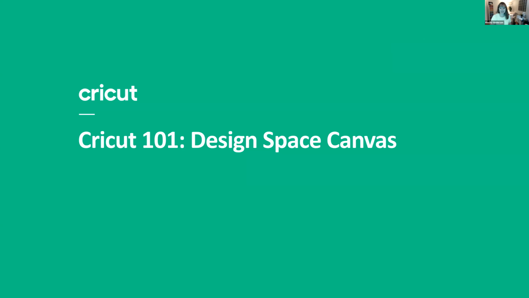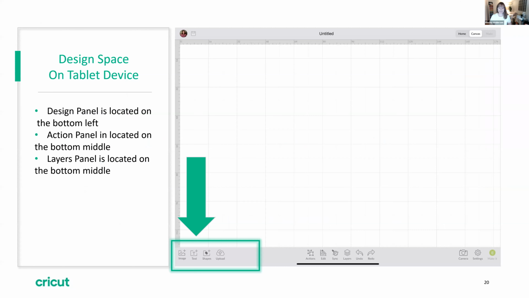Then when you're ready to create a project and you go into Design Space Canvas, depending on the device you're on, it is a little bit different, but they all have most of the same icons and tools. It's just they're located in a little bit of a different place. So this is my tablet device here on the home screen, and this is what the canvas looks like if you're on a tablet device.